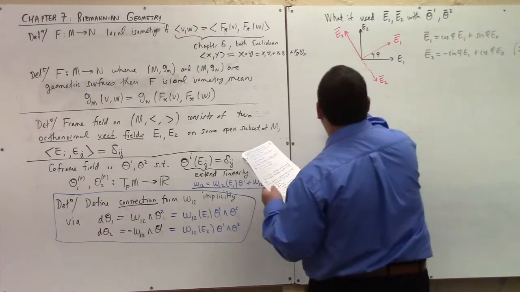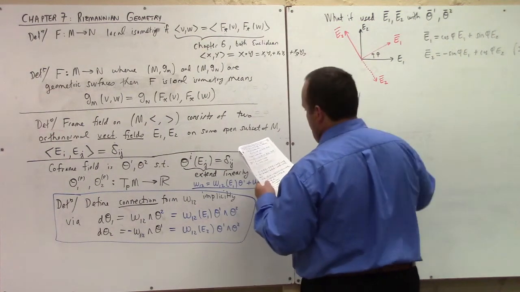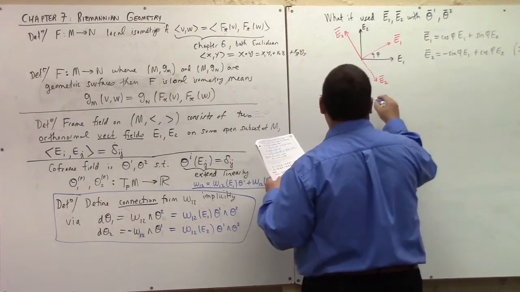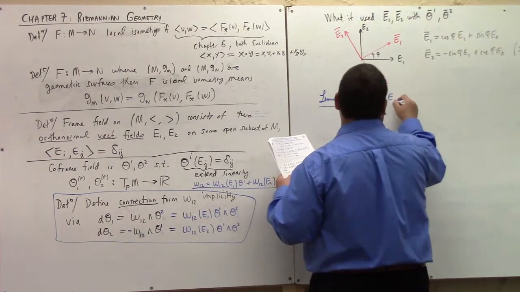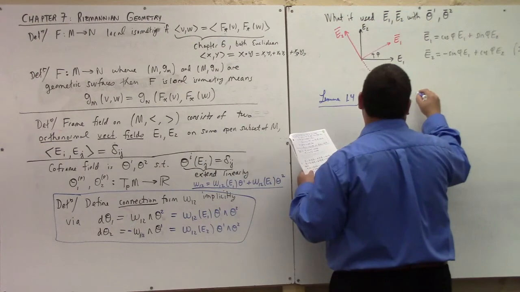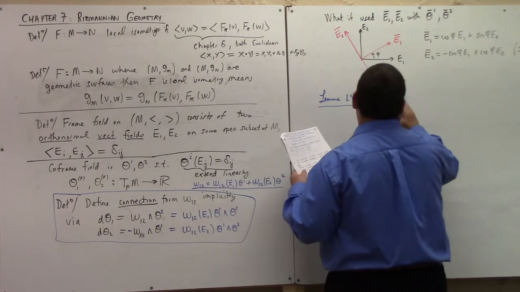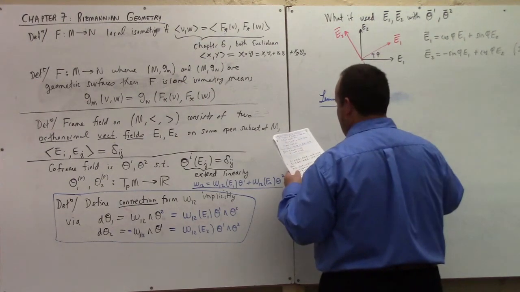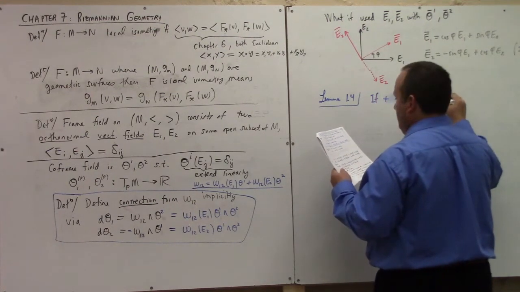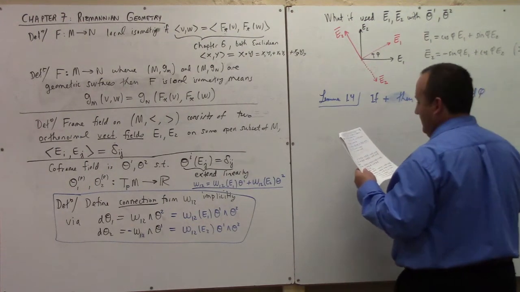So, Lemma 1.4 says that given the notation above, if plus, then omega bar 1, 2 equals omega 1, 2 plus the differential of the angle.